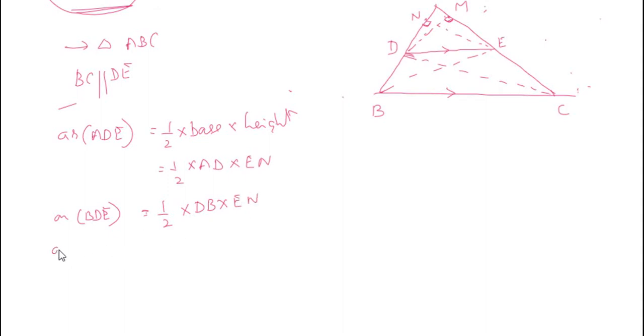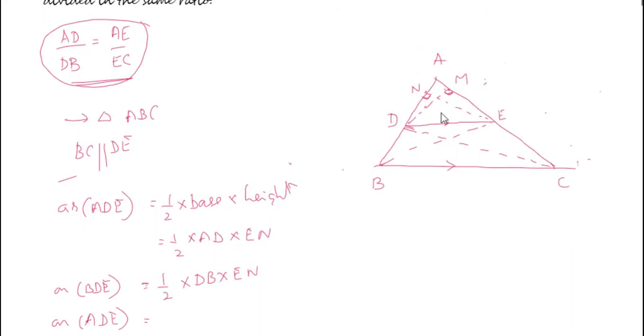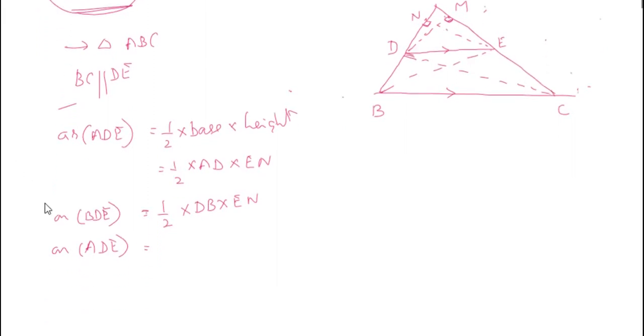Same way, area ADE, in one more way we can write area ADE, if you take AE as the base, then DM is the height. So half into base is AE into DM is the height. Now area DEC, this is a triangle DEC.